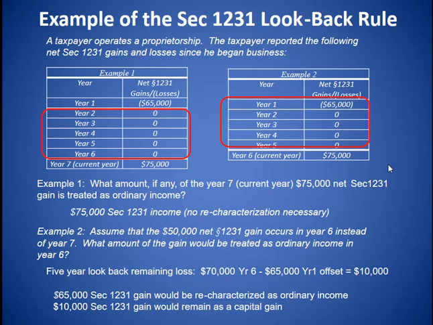So what we see here is basically the $65,000 net loss, the Section 1231 gain would be recharacterized as ordinary income as part of the look-back rule, and then the remaining portion of the Section 1231 gain in year number 7 would remain as a Section 1231 gain.